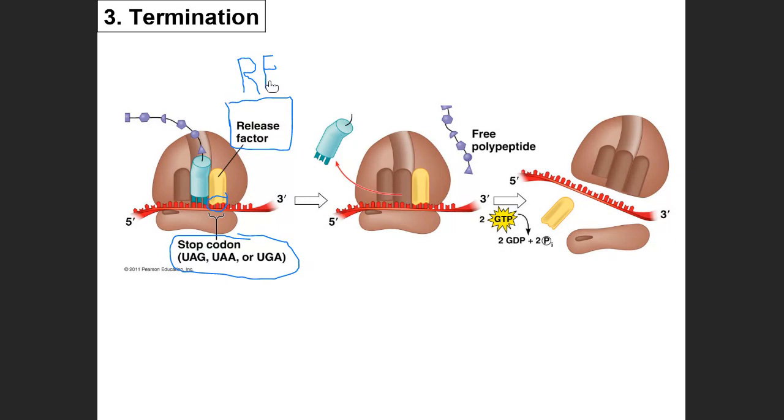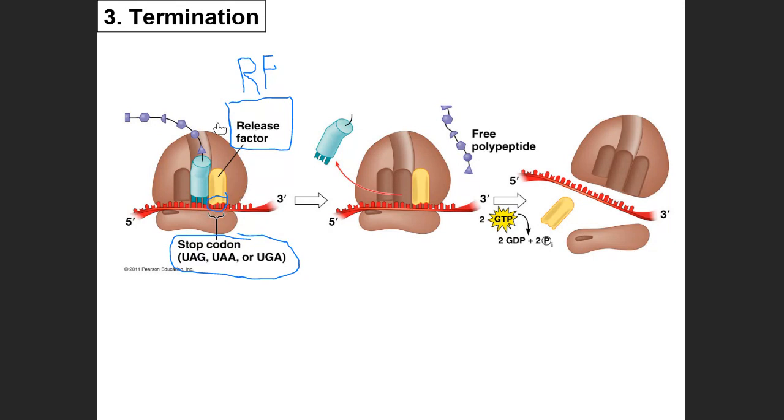Release factor is the only protein and the only molecule that recognizes and binds to any one of these three stop codons. So when the ribosome shifts down to a stop codon, no tRNAs recognize it, so none of them can base pair.